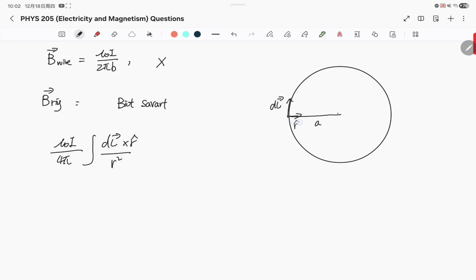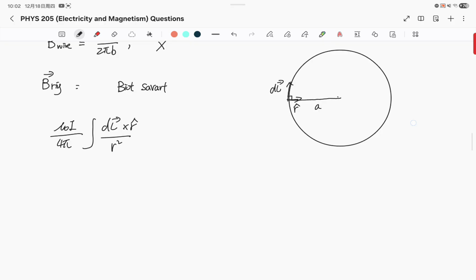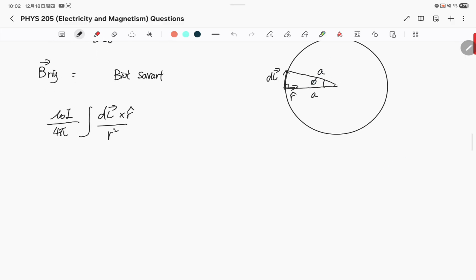This is r hat in that direction and perpendicular to dl. So we're good. We have a value. It's not sine 0, it's actually sine 90, and sine 90 is 1. This is also our radius A. This is our angle phi.